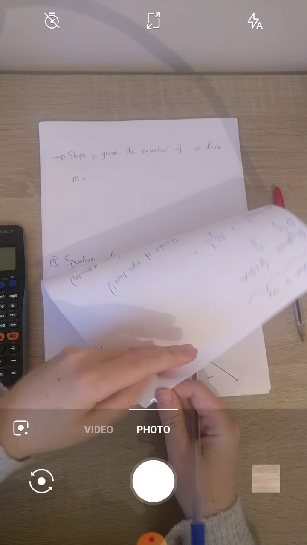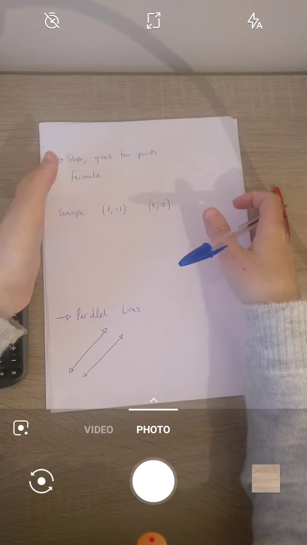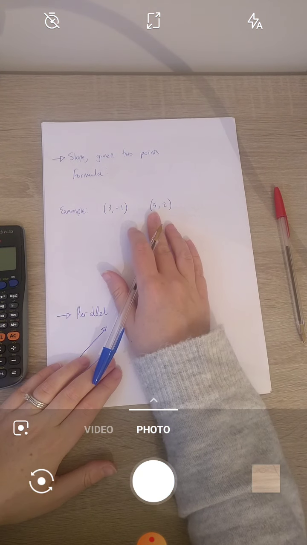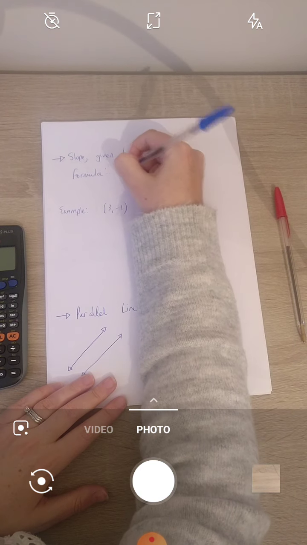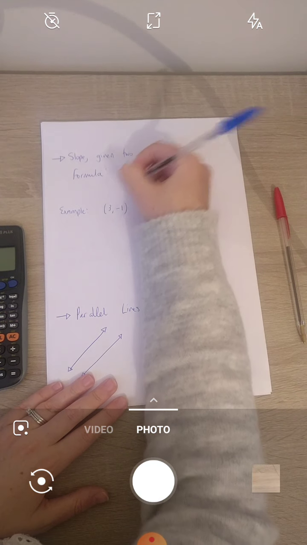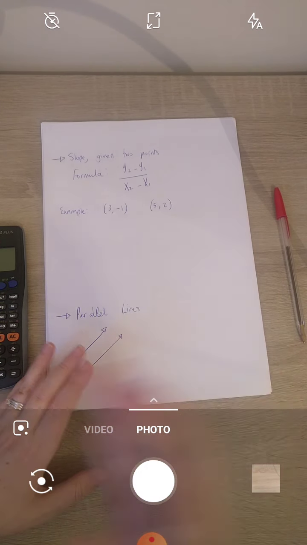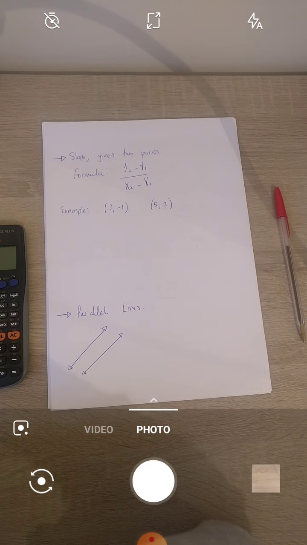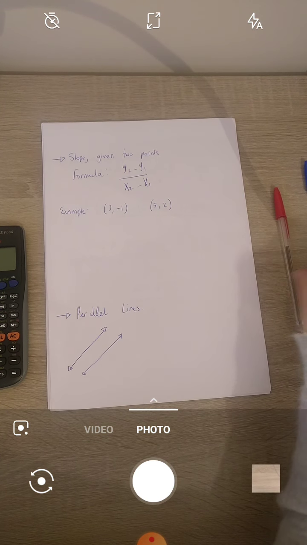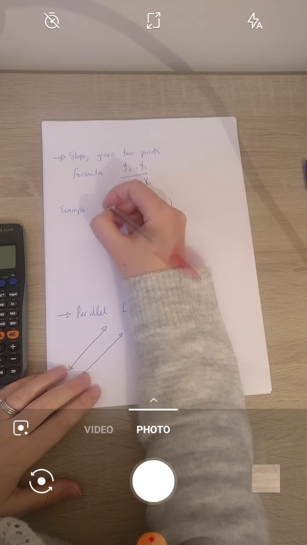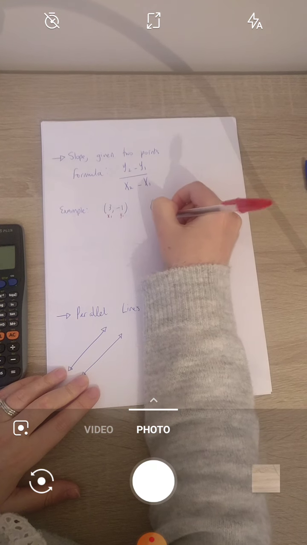Next, we're going to look at the slope when we're given 2 points. So if you're given 2 points and it says these 2 points form a line, what is the slope of that line? So your formula is y2 minus y1 over x2 minus x1, which actually mimics the same idea as the vertical difference over the horizontal difference or the rise over the run. Now, if we look at the 2 points we're given, again, x1, y1, x2, y2.